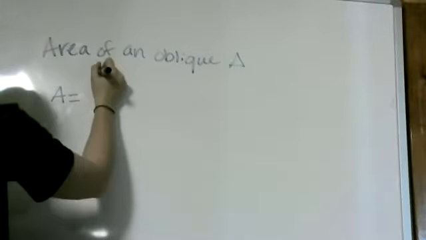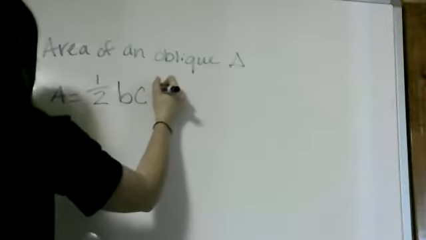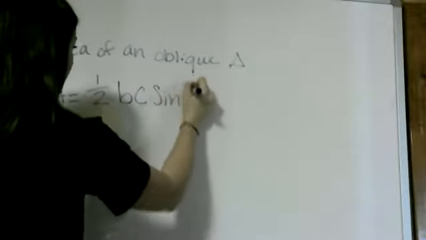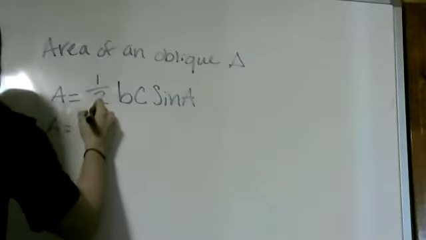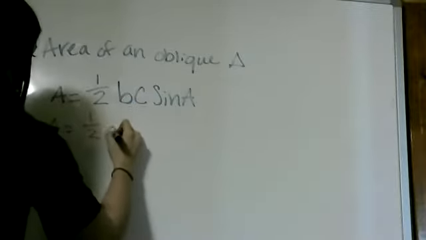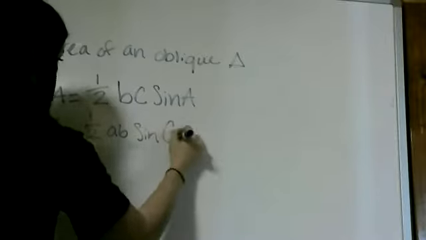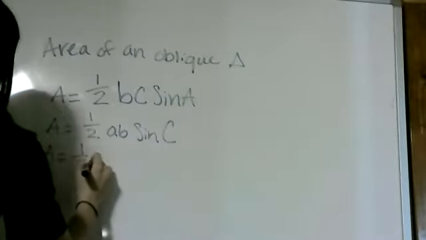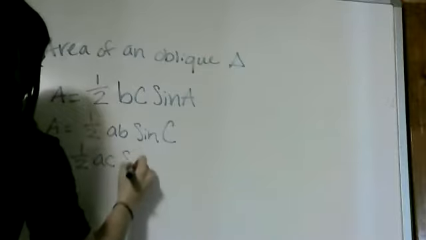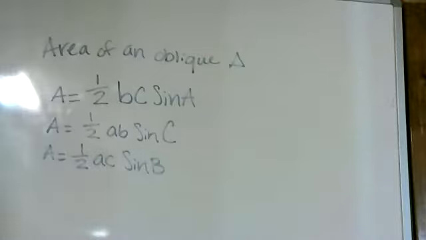So the first one is area can be 1/2 little b times little c times sine A. Second one, area is 1/2 A times B times sine big C, or area is 1/2 A times C times sine big B. Okay, so notice one difference about all of these.